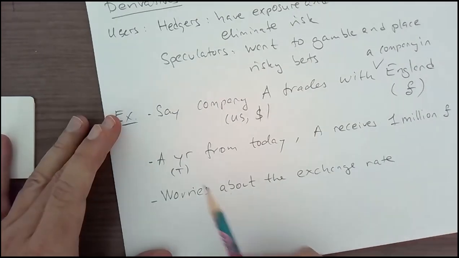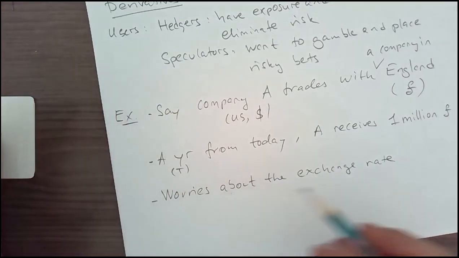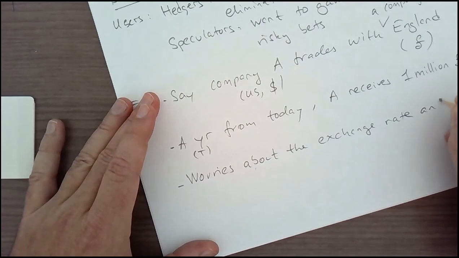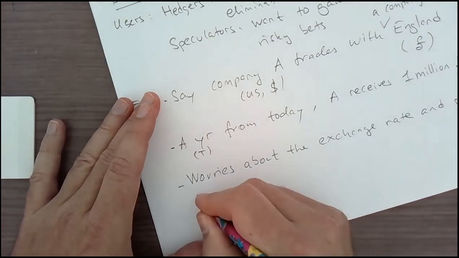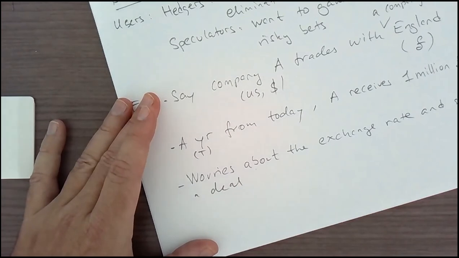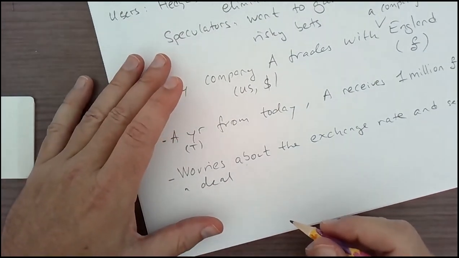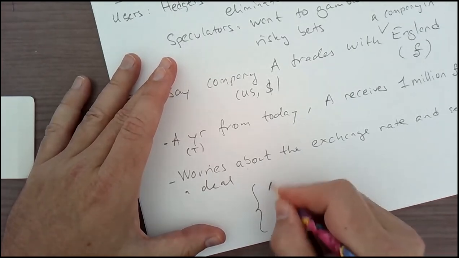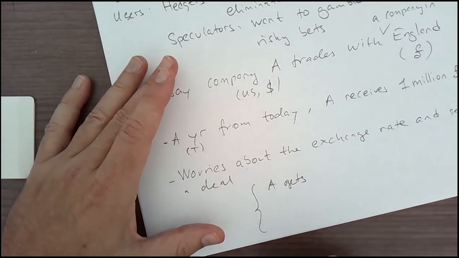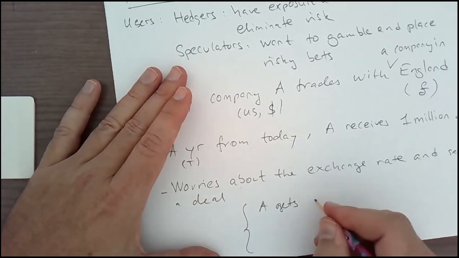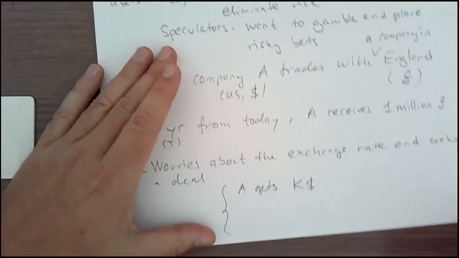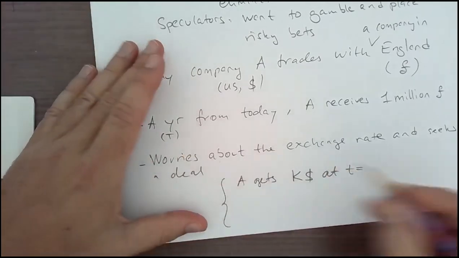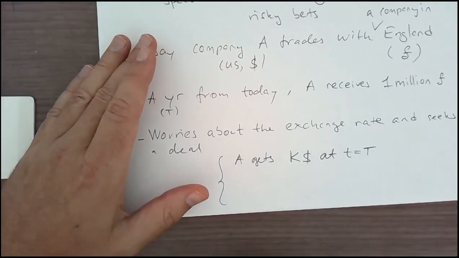So what this company might want to do is to strike a deal. So what is the deal? Well, A gets K dollars at time T. This is in 1 year.